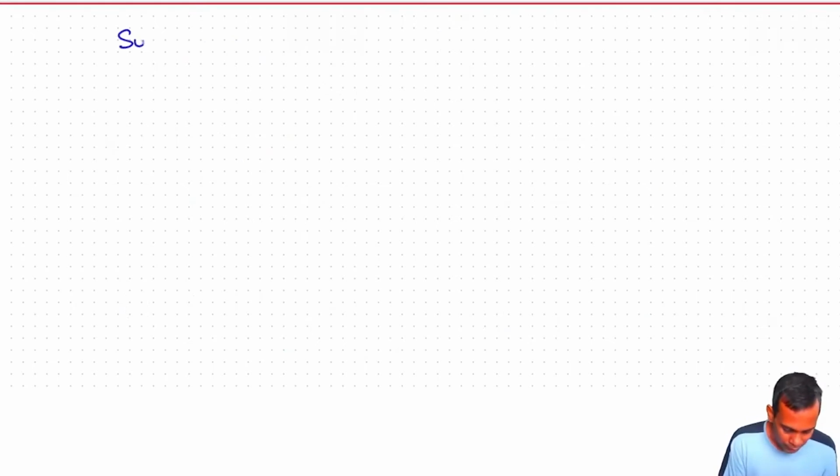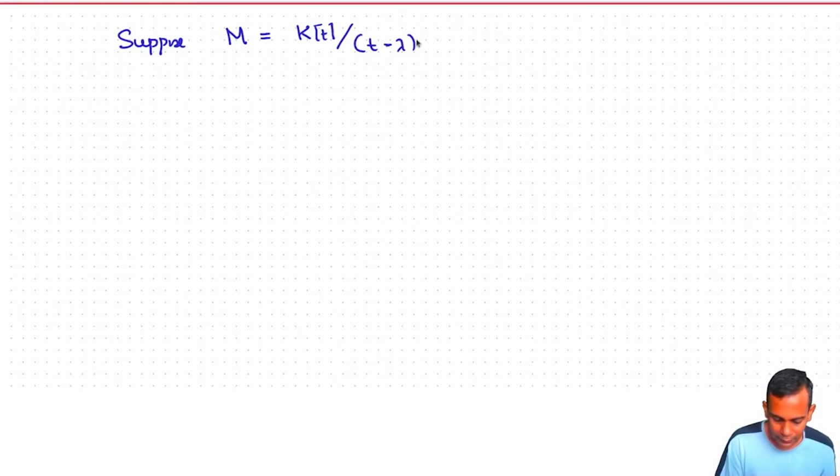So suppose we have M is K[T]/(T minus lambda)^k for some integer k. Then we want to understand the action of T on this with respect to some basis.